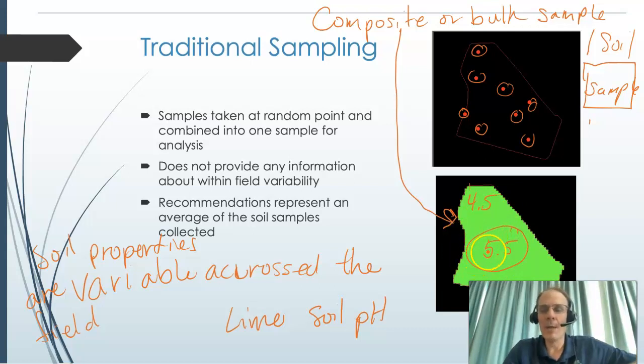If we apply lime at a uniform rate across the field, this area will get too little lime, this area will get the correct amount of lime, and this area will get too much lime. By using a site-specific or GNSS type of soil sampling, we can apply the correct amount of fertilizer or lime in the correct place.